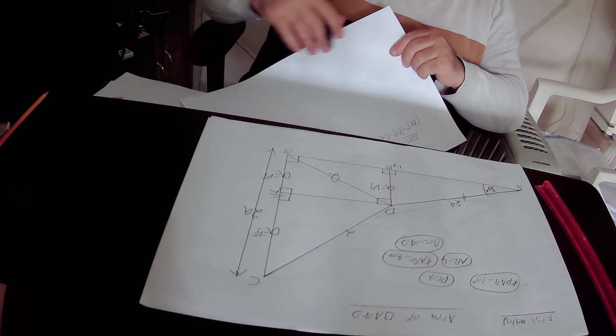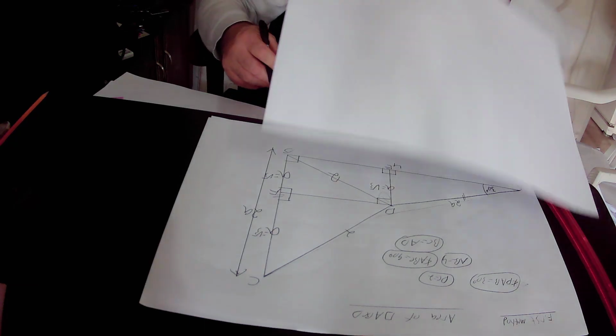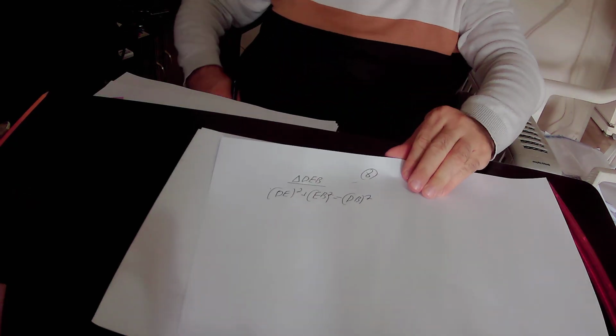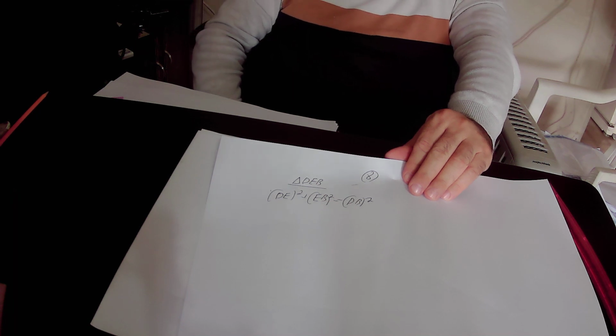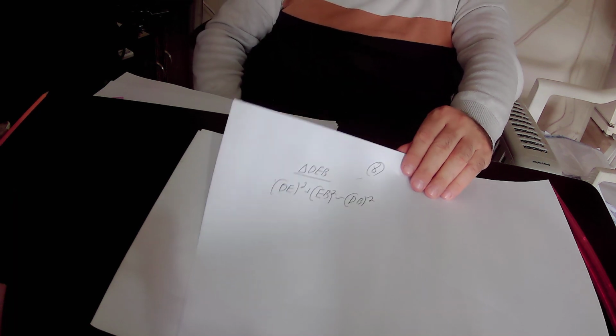I'll repeat again: on triangle DEB, according to the Pythagoras theorem, DE squared plus EB squared equals DB squared.